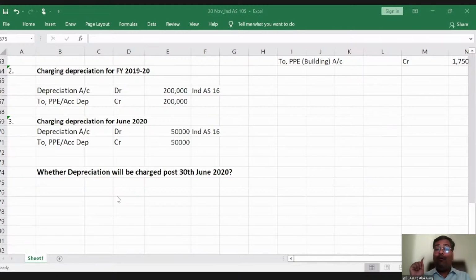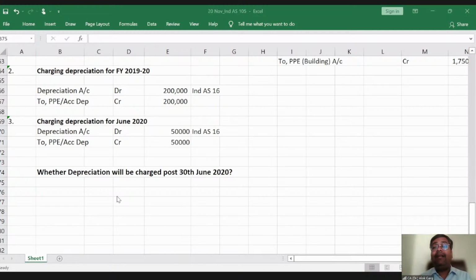Friends, once the asset is classified as non-current asset held for sale, the depreciation or amortization will be stopped immediately. Why? Because the intent of the company is not to get the future economic benefit by using the asset.